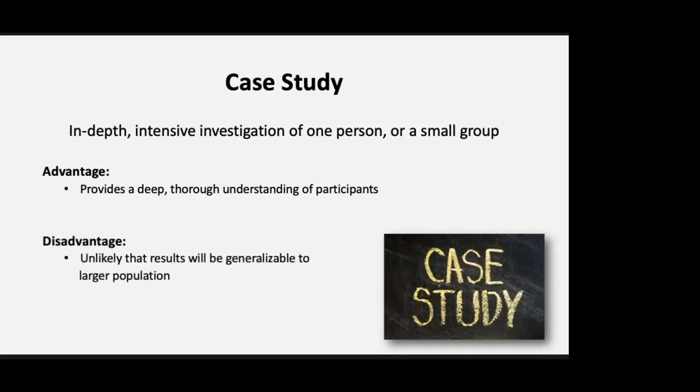The big disadvantage with this is results typically are not generalizable to a larger population, right? So remember, in survey research, we're doing really large studies in the hopes that you can generalize your findings to the larger population. In case studies, you really can't do that, okay? The findings that come out of this research are really in-depth and thorough, and they're extensive.